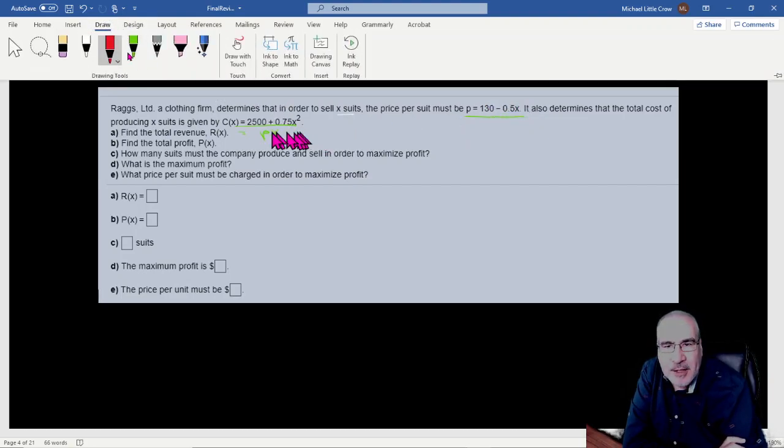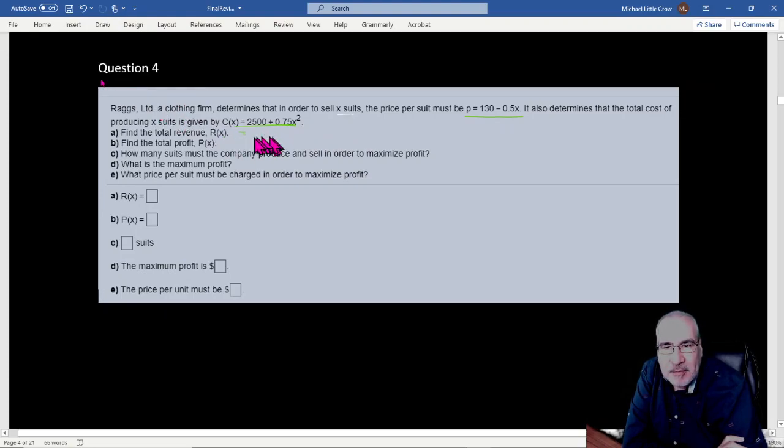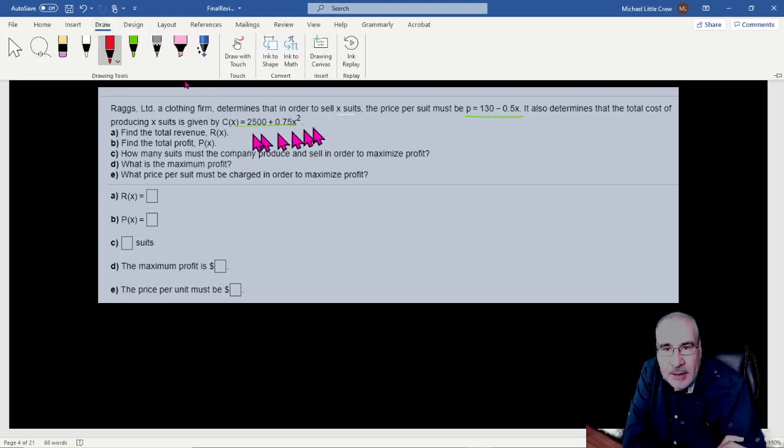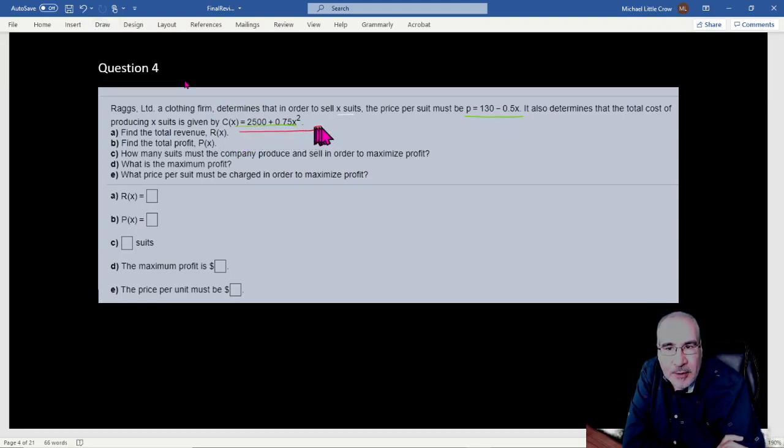I'm going to change back to red. It's not showing up how I would like up here. It looks good in the black area, but our revenue function is going to be X times this, so 130 minus 0.5x.